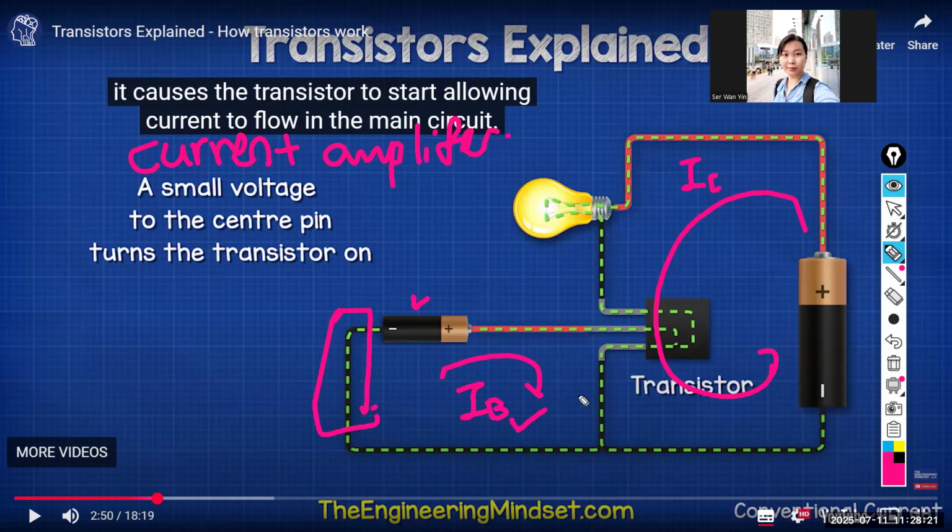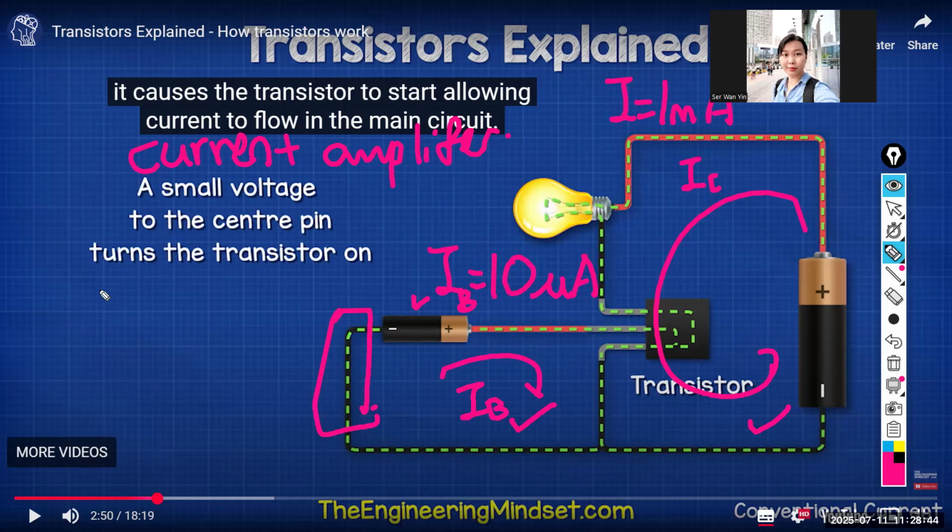Because here got two circuits, right? The small circuit, the base circuit, is a small circuit. So normally the I here is, for example, 10 microampere. Then the current here, IC, is normally larger, so 1 milliampere.